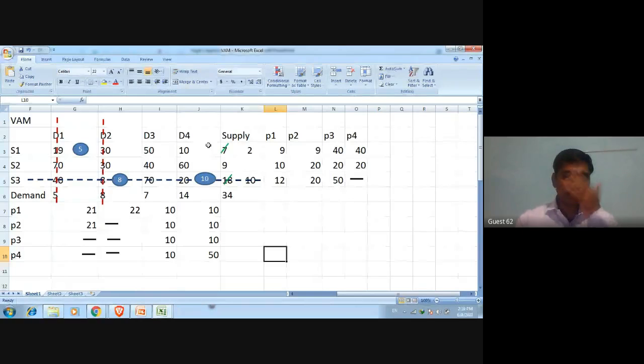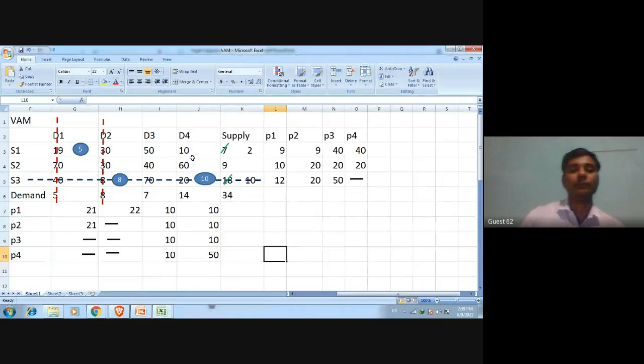Yes, we have to allocate here. Between the 10 and 60, 10 is less. Okay. And after getting the 10 units, how many units are left with?